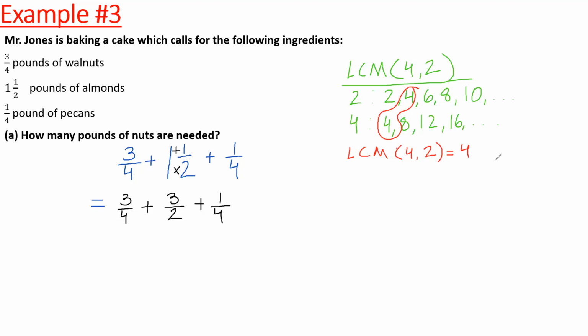So if that's the case, then we have to say, okay, what times 4 gives me 4? One. What times 2 gives me 4? 2 times 2. Very good. And then whatever we do to the bottom, we must do to the top.